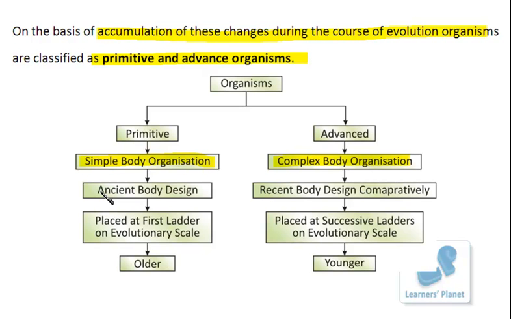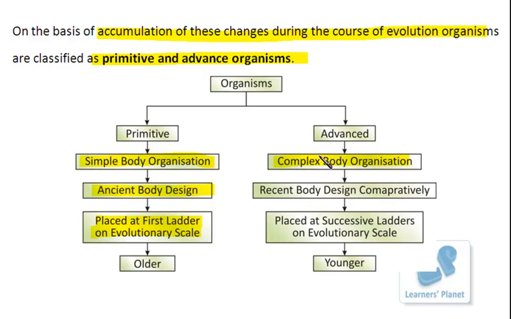As evolution proceeds, some variation comes into the organism or the line of organisms, and this results in a change in the body design. So the one which has a simple body must have evolved earlier, and thus has the ancient body design. This is the reason that they are placed at the first ladder on the evolutionary scale.